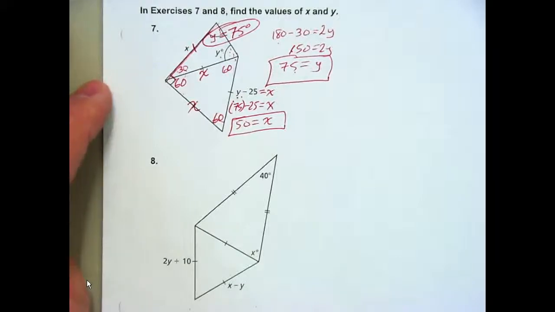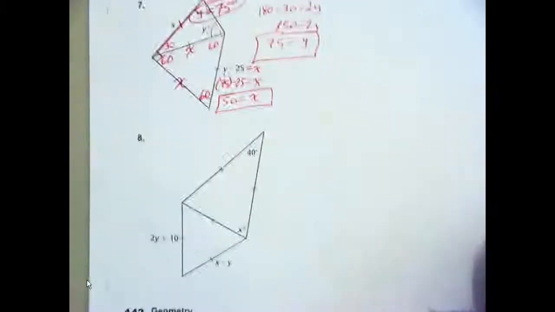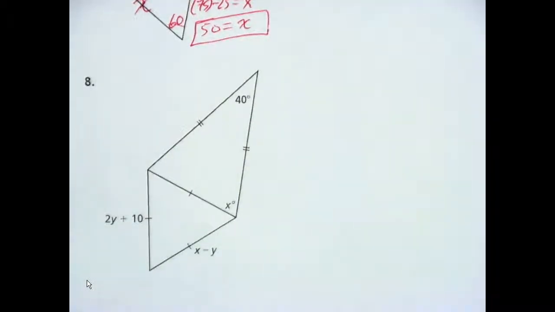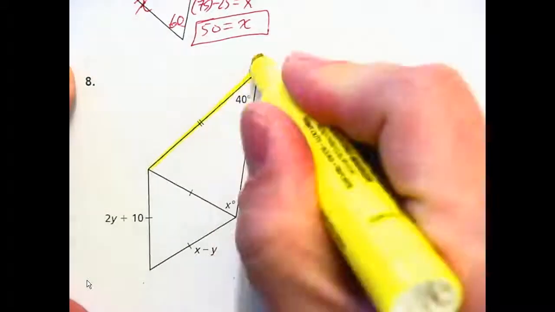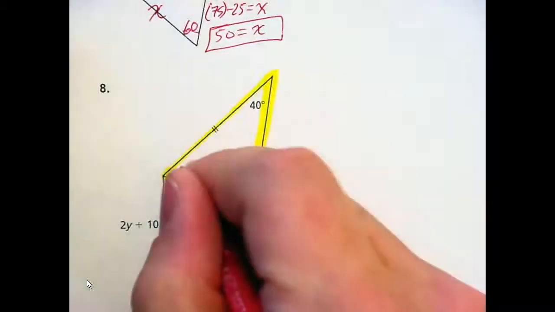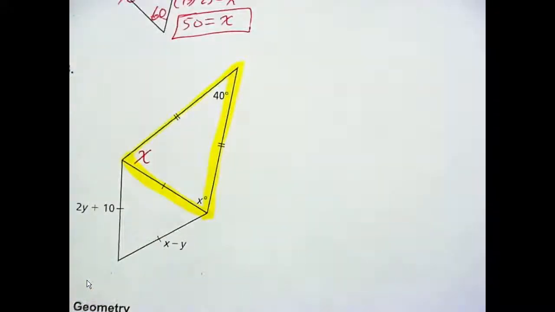All right. Yes, Isaac? You got the next one? All right, number 8. What do you got? Okay, so that's isosceles. So that's x.